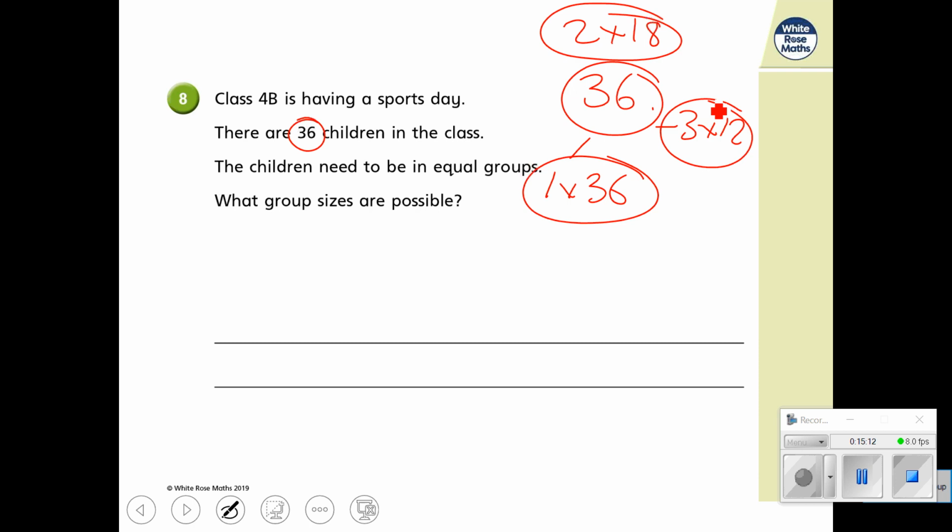I could also have 4 groups of 9, because 4 times 9 is 36. I could also have 6 groups of 6, because 36 is one of those squared numbers again. 6 times 6 equals 36. So I can have all sorts of different sized groups.